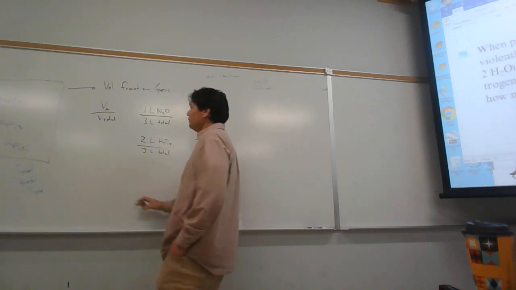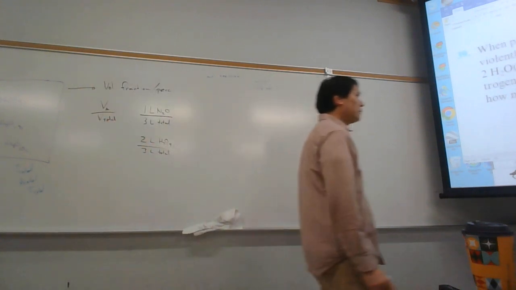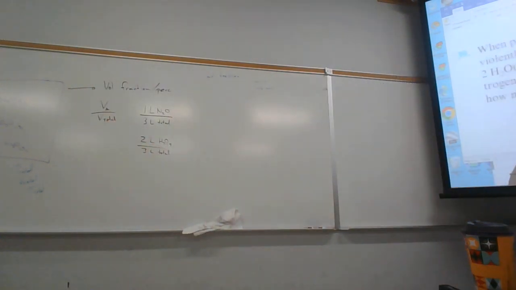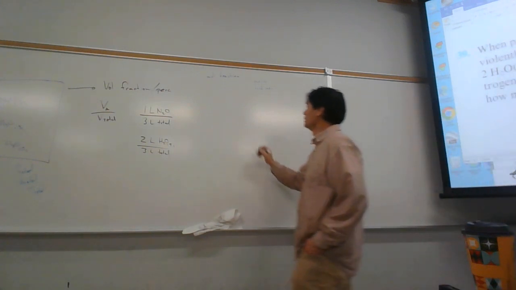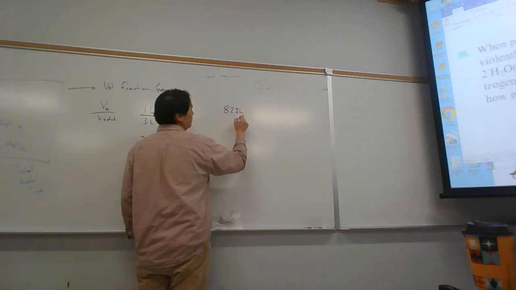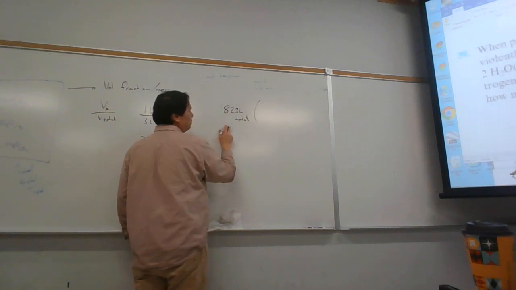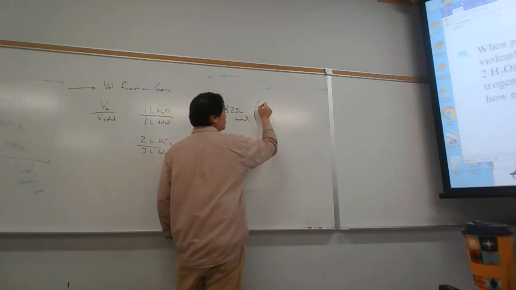So the other way of solving this particular problem is like this. Instead of using 82.3 liters, I would do it like this. Okay, this is 82.3 liters of total. And out of that total, only 1/3 of that total is nitrous oxide.